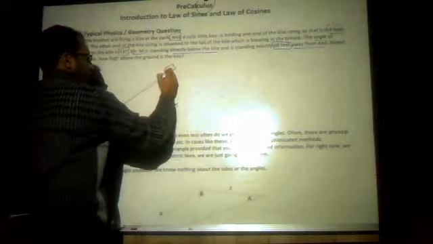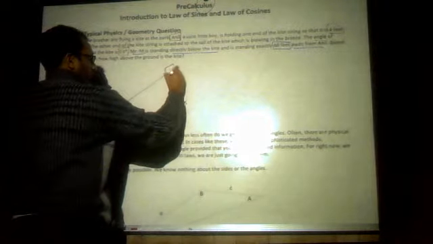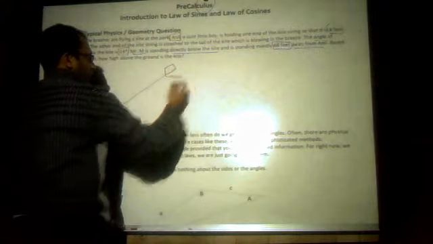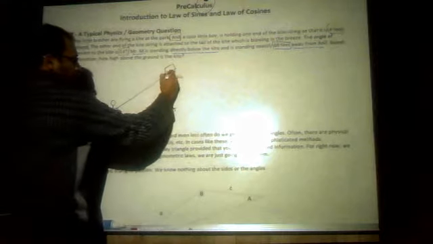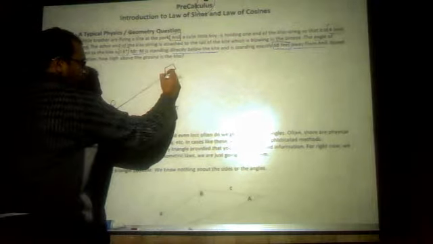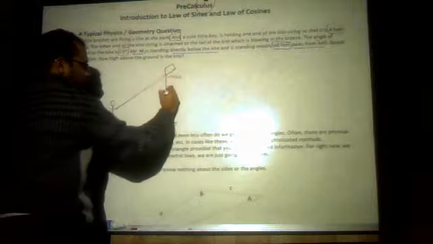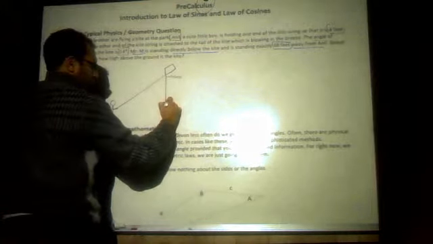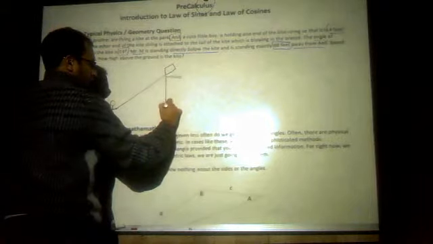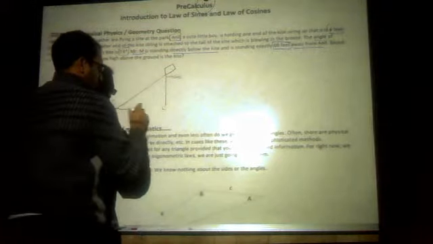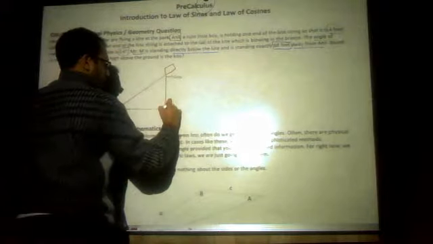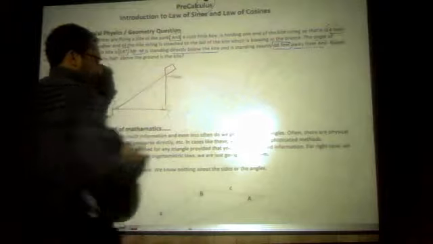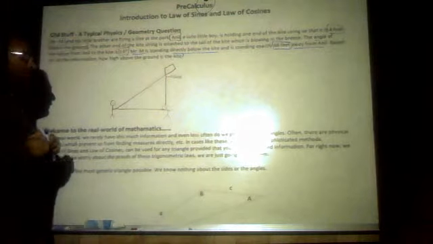Here's the kite, with the kite's tail blowing in the wind. Here's Mr. M standing directly below the kite. That's our diagram of our triangle.